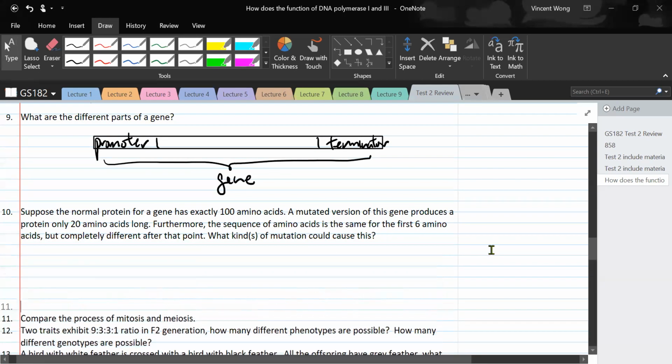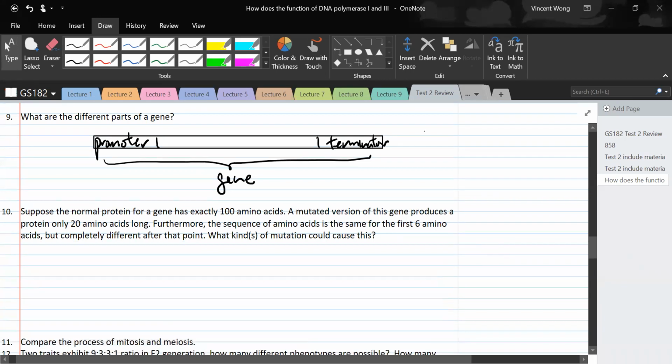Next part. Suppose the normal protein for a gene has exactly 100 amino acids. Okay, a mutated version of this gene produces a protein that's only 20 amino acids long. Furthermore, the sequence of amino acids is the same for the first 6 amino acids, but completely different after that point.